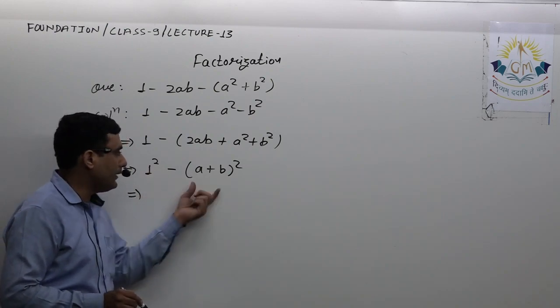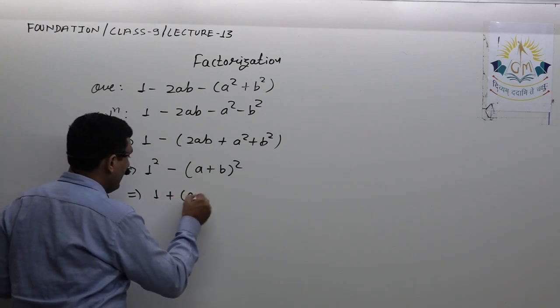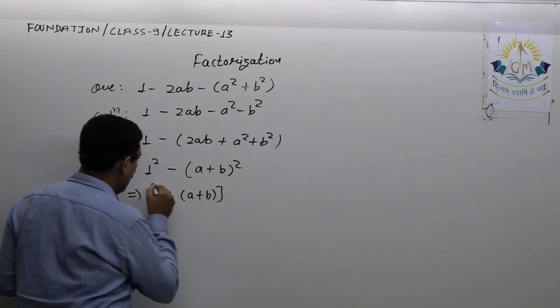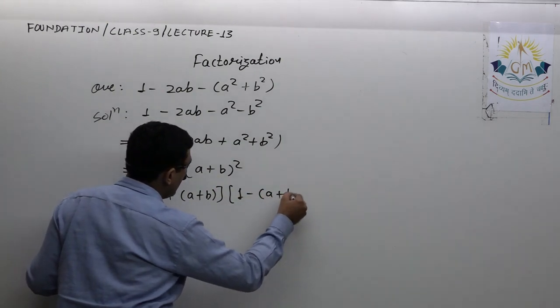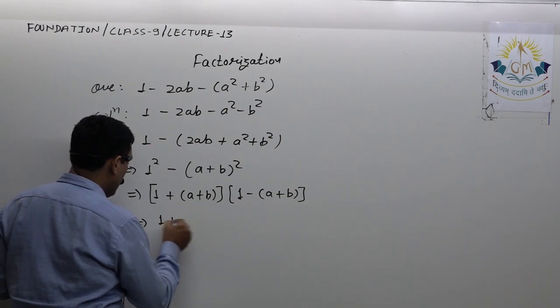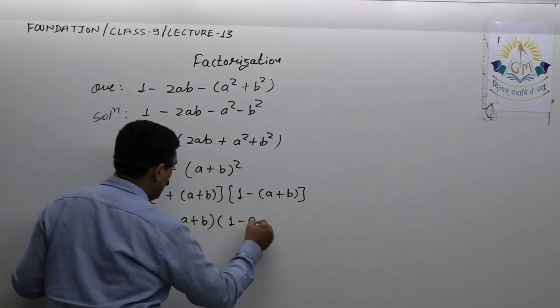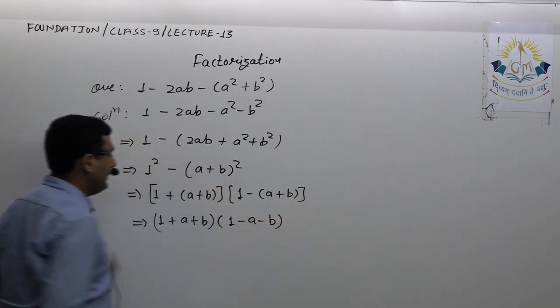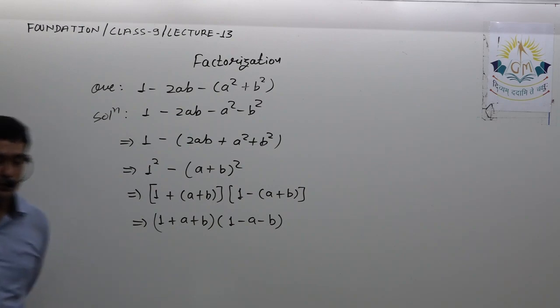Square of this minus square of one more quantity, that is a plus b in the first bracket and a minus b in the second bracket. So this gives you 1 plus a plus b, and over here 1 minus a minus b. So this is the final answer. Please note it down, then we'll see the next question.